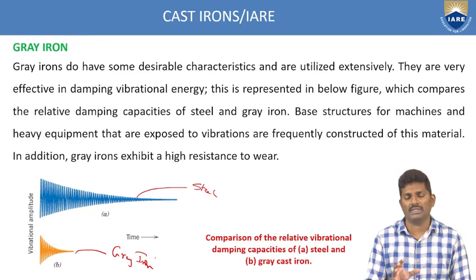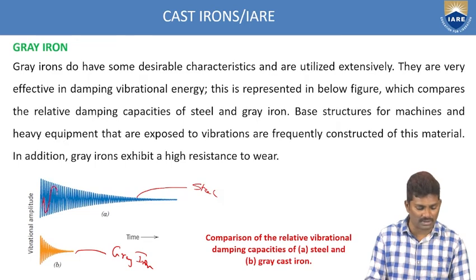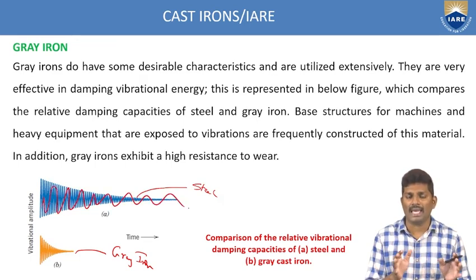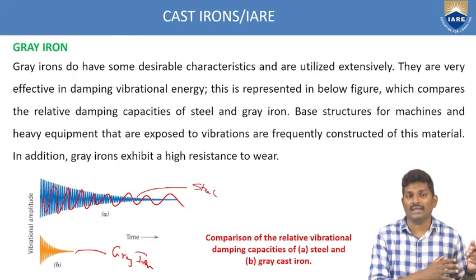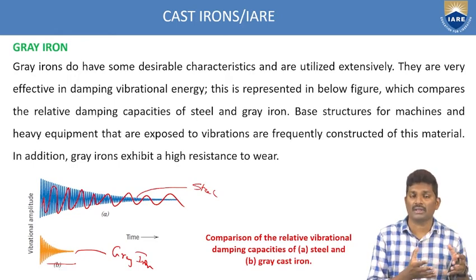For the same machine with the same RPM, what is happening? The steel has a lot of vibrations. You can see all these damping forces, a lot of vibrations involved. Now if the same machine is replaced with gray iron, you can control the vibrations. Almost 70% you're controlling by using this gray iron.